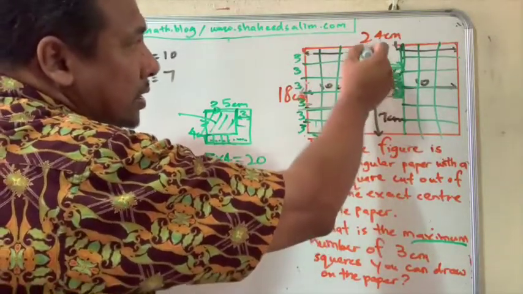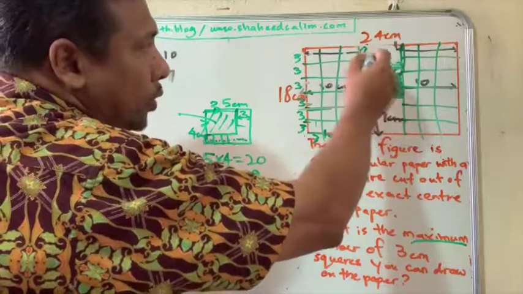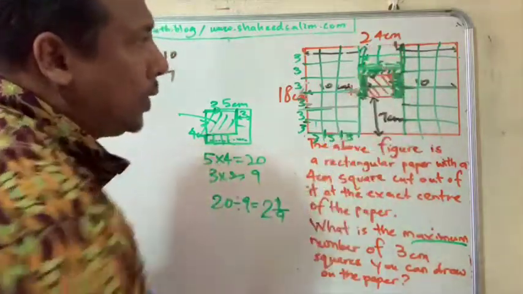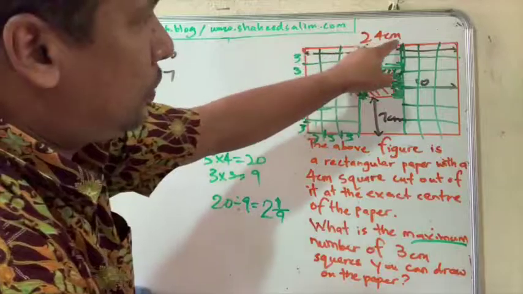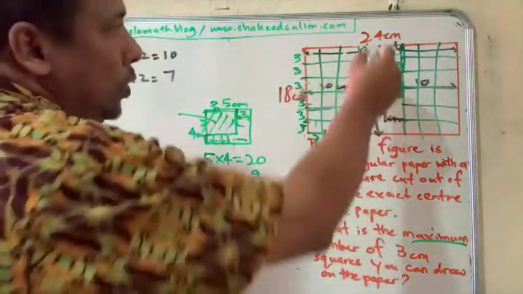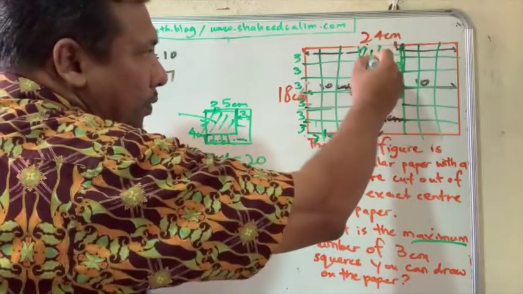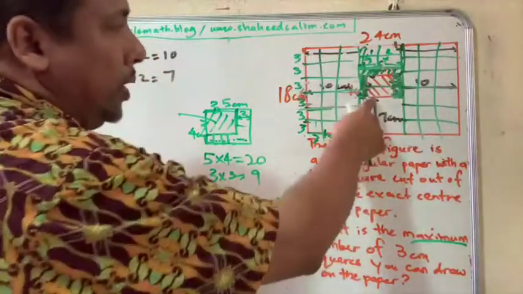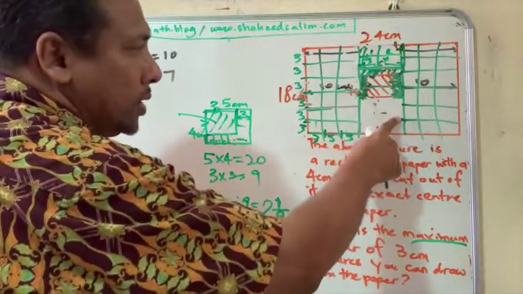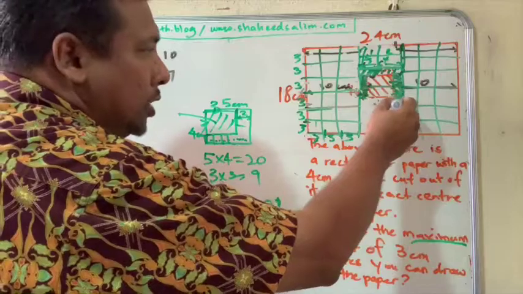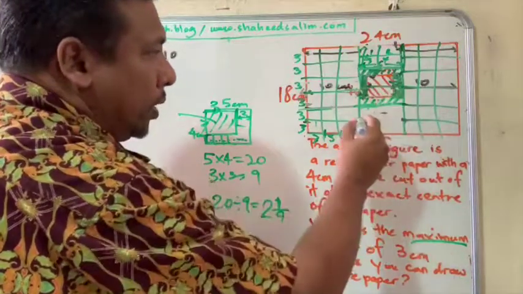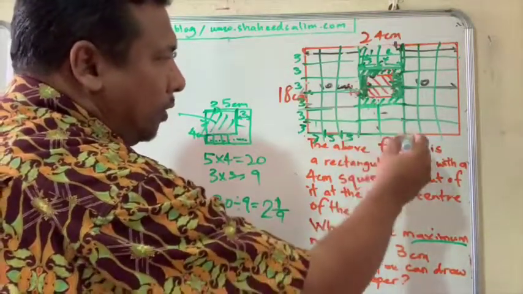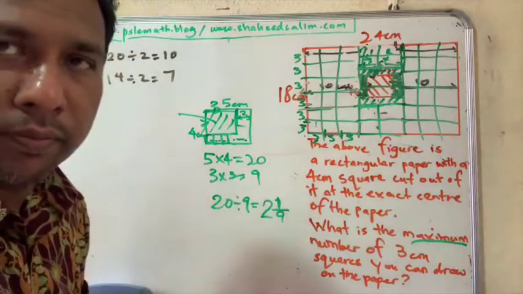This is 6 cm also here. You can fit 4 squares here. 3, 3 is 6. 3, 3 is 6. So you have 4 squares here. And the same is true for below. You cannot use this part here, but you can fit another 4 squares here.